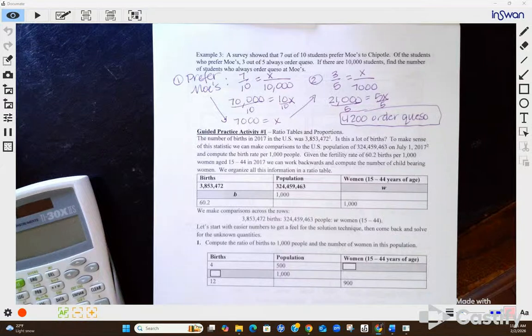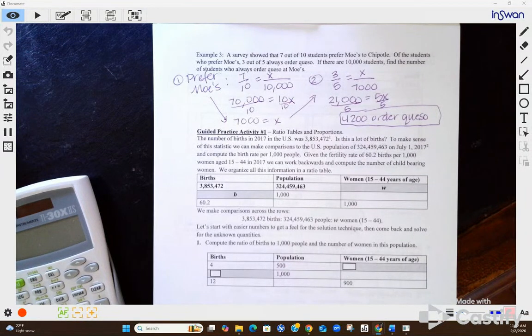To make sense of this statistic, we can make comparisons to the whole U.S. population, which that same year was 324,459,463, and compute the birth rate per 1,000 people. Given the fertility rate of 60.2 births per 1,000 women aged 15 to 44 in 2017, we can work backwards and compute the number of childbearing women. We organize all this information in a ratio table.